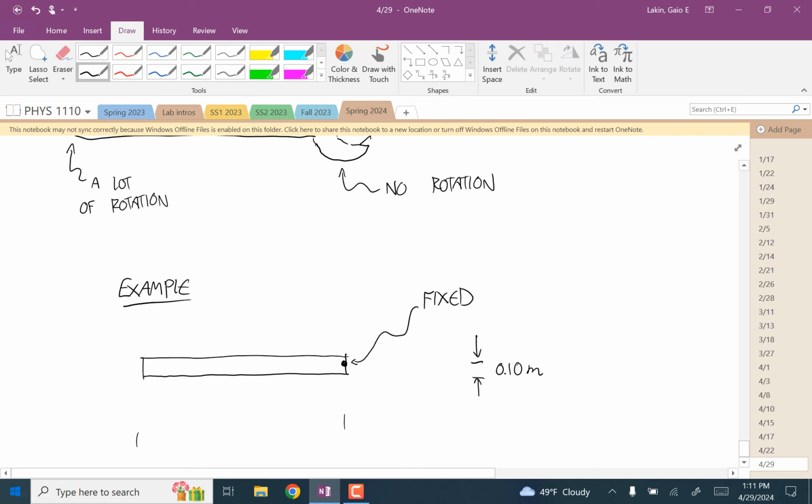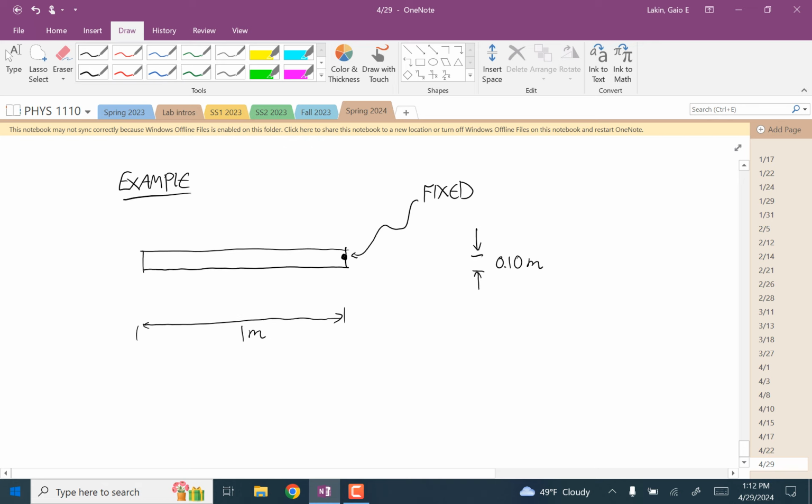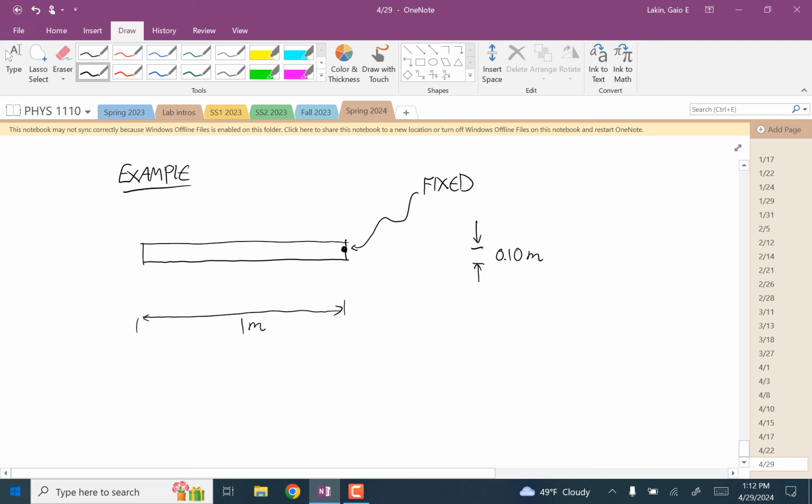And the length of the board is 1 meter. What's the angular velocity of this board if gravity is acting down, so this direction is down. Oh, and I didn't give a mass yet, but let's say that the mass is 3 kilograms. Okay, so what's the angular acceleration? Well, let's just do that.